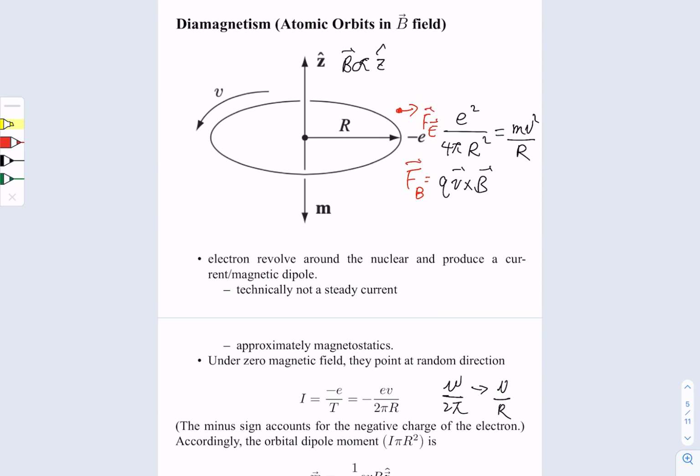So the magnetic force is pushing outwards, so it will actually slow down the motion, right? Because the centripetal force is reduced, and reducing centripetal force will slow down the motion of the electron.